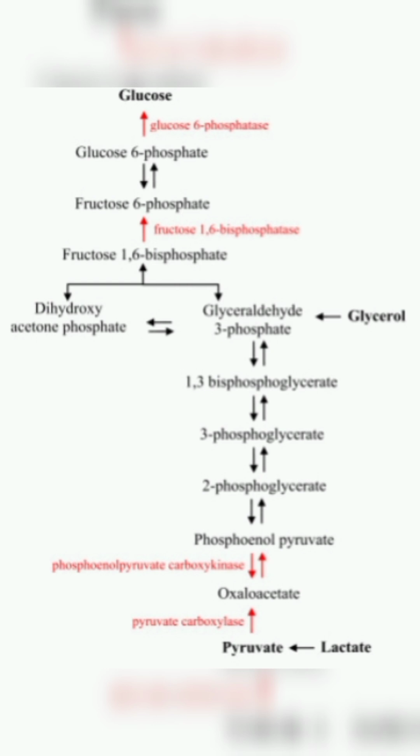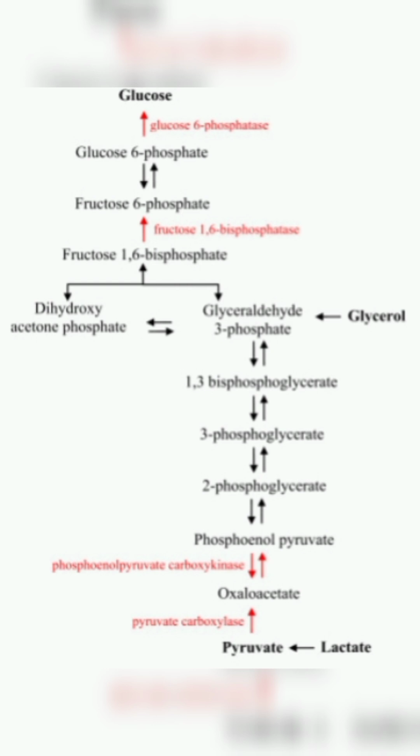What this enzyme does is add carbon dioxide to pyruvate, and by adding it makes oxaloacetate. Inside the mitochondria, this oxaloacetate is then converted to phosphoenolpyruvate.